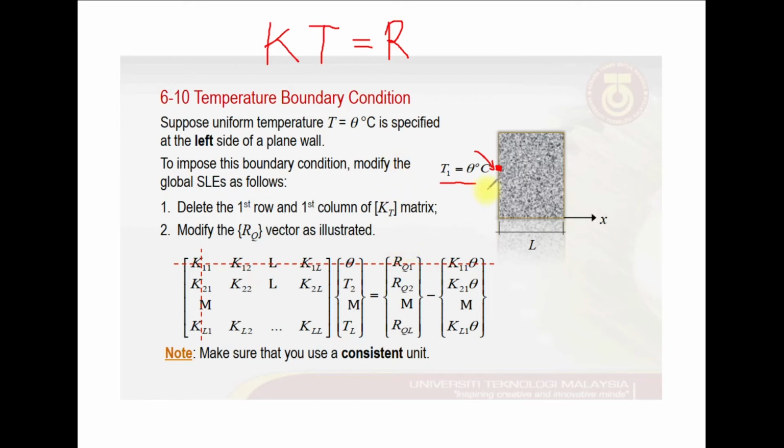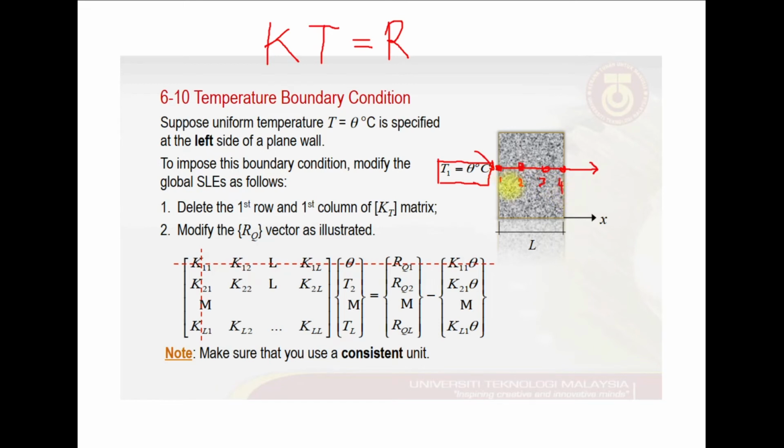So since we know the temperature which is specified on the surface of our plane wall, we begin numbering our nodal points from left to the right. So let's say I take it here as node number 1, node number 2, node number 3, and node number 4.